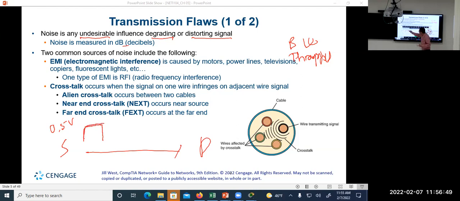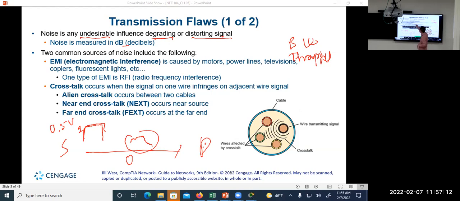You want a perfect square, but if you get external interference, it distorts the signal into something else. So when you receive it, it's very hard for you to tell whether this one is bit number 1 or bit number 0. That is degrading or distorting the signal, because you got external interference.